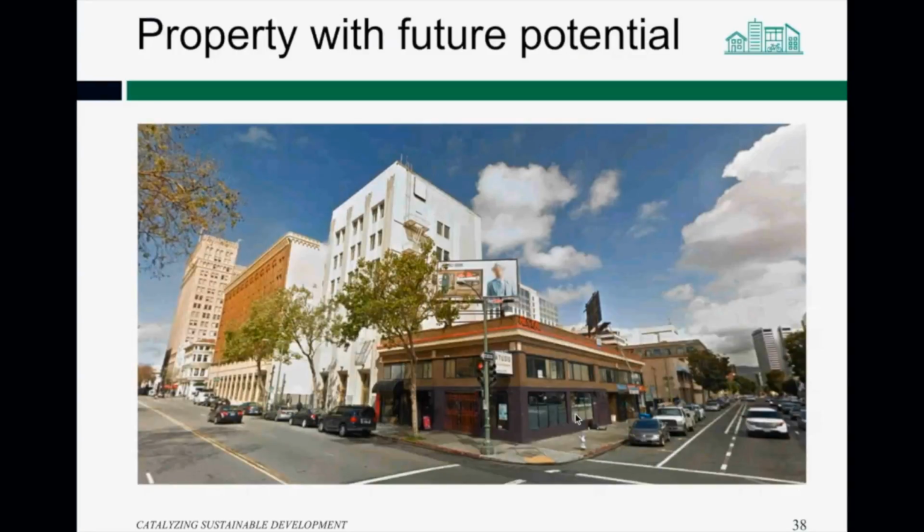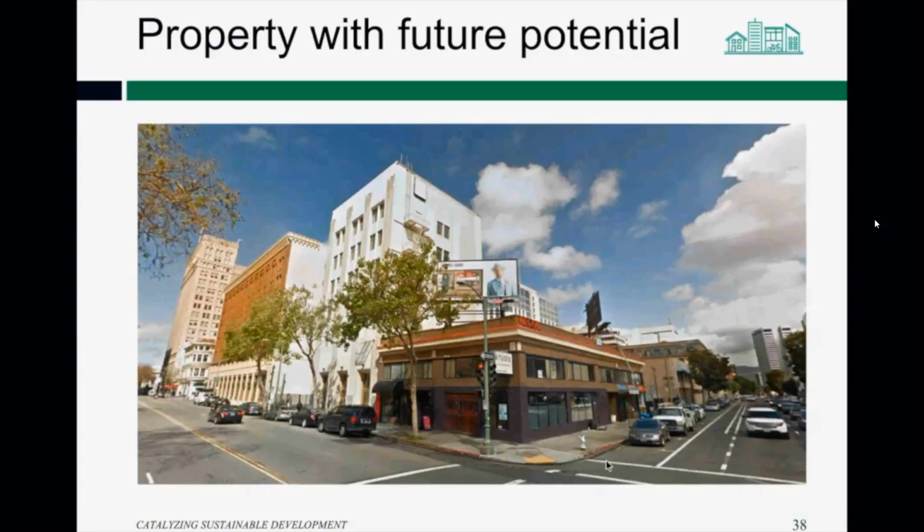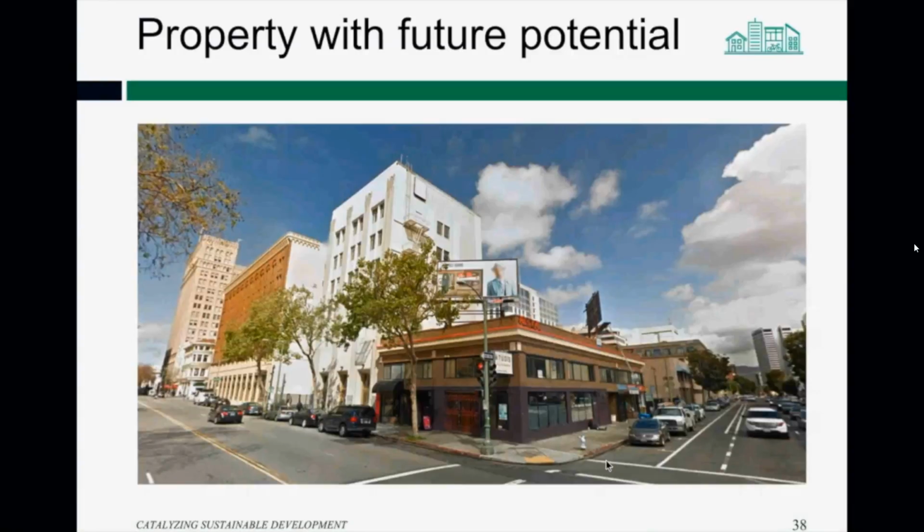So here's another example of a building in downtown Oakland that is an underutilized, although operating, office building with ground floor retail. It is not that architecturally significant, which really in our minds becomes the primary determining factor for whether we see a property being a tear down or something that wants to be preserved in the long term.